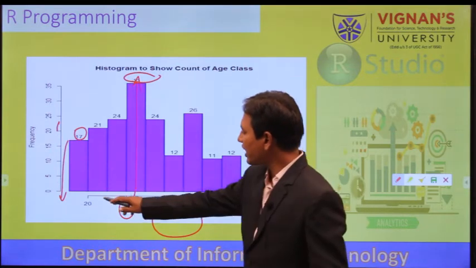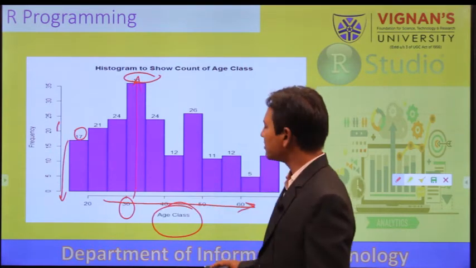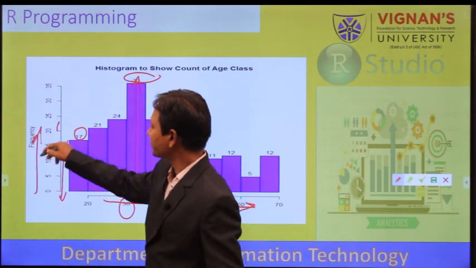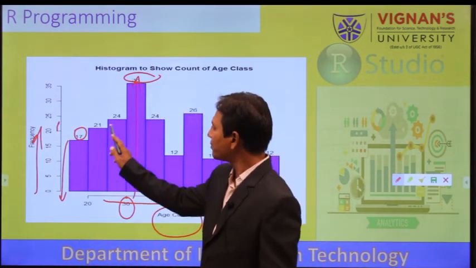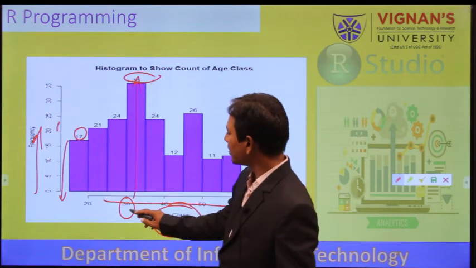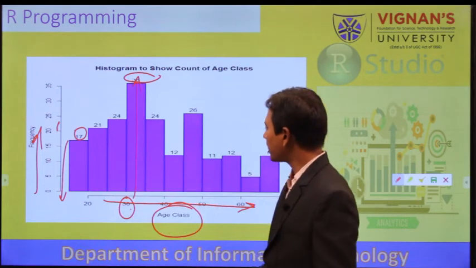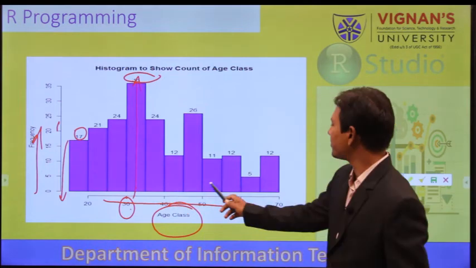This is my age class and this is the frequency class. It shows how many people are below 30, how many at 30, and how many from 30 to 70.